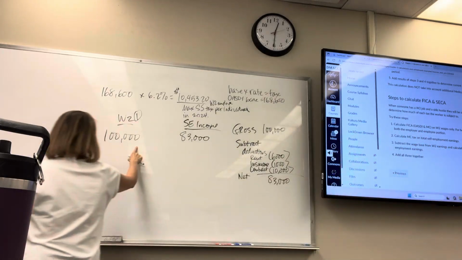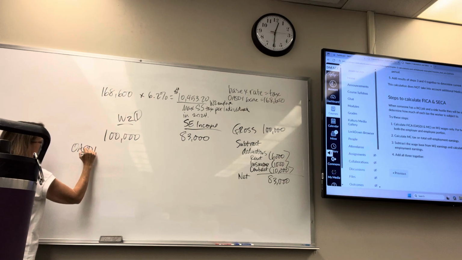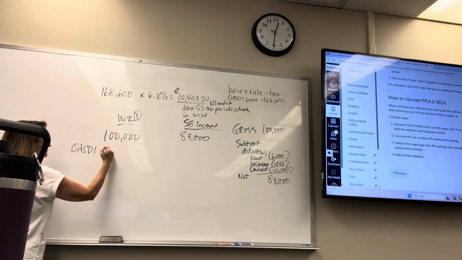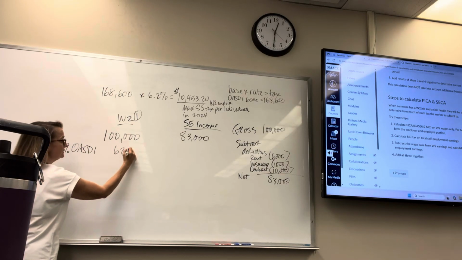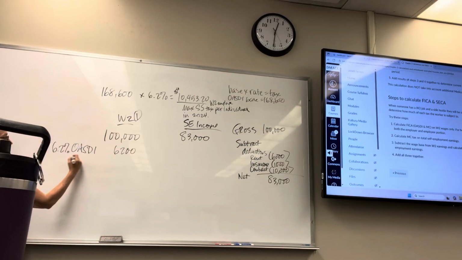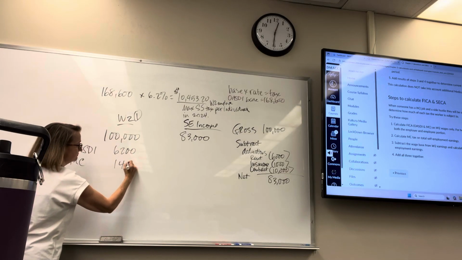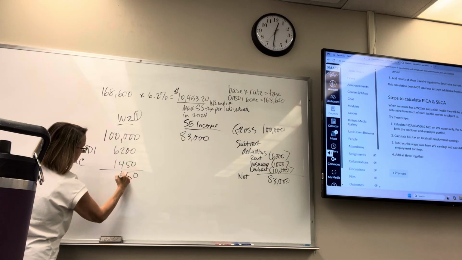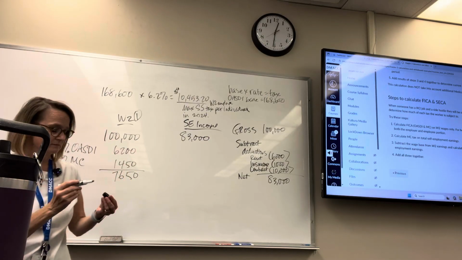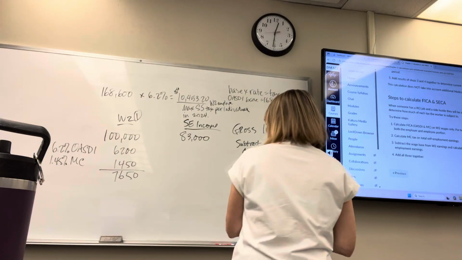So on $100,000, we have OASDI, remember this is 6.2%, so this is $6,200. And then our Medicare tax is 1.45%, so $1,450. So in total, we've got $7,650, 7.65% of $100,000.